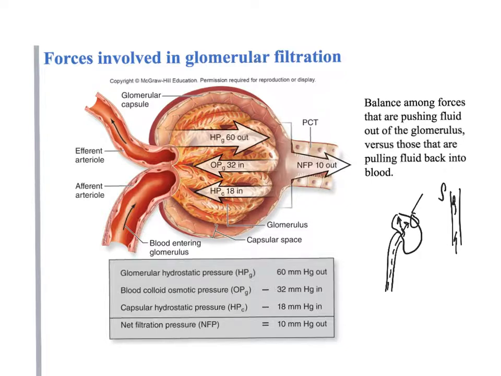Now you have your distal convoluted tubule, loop of Henle, and then the proximal convoluted tubule, eventually to the capsule. And urine is still getting pushed back against the normal flow. What happens to the pressure within the capsule?